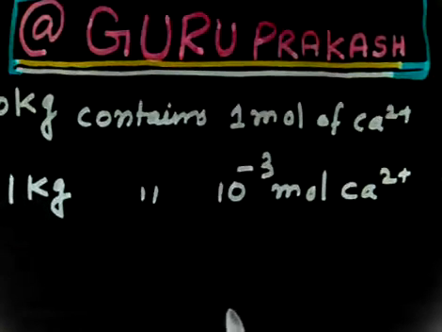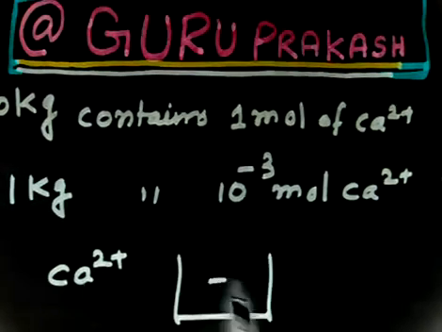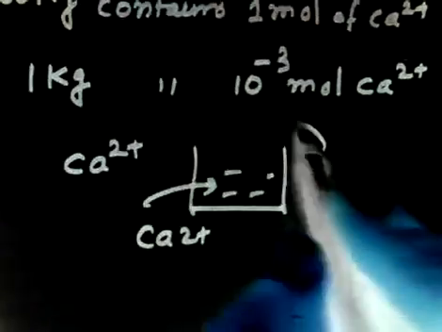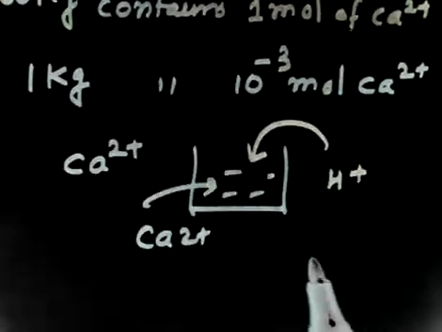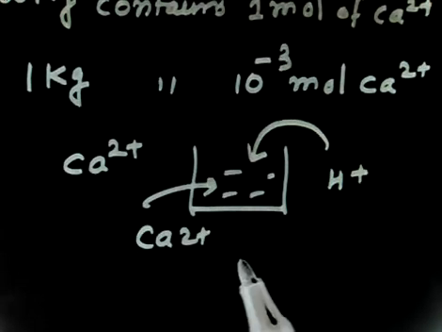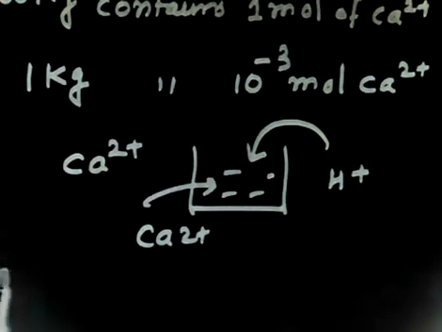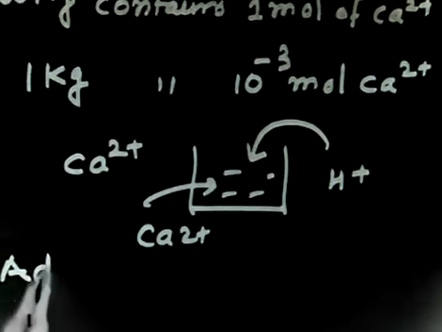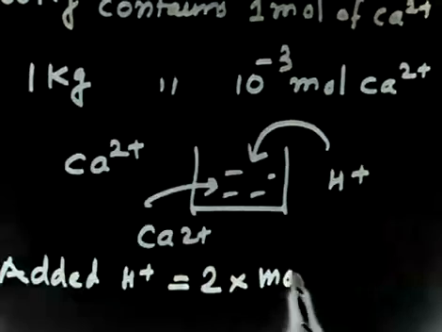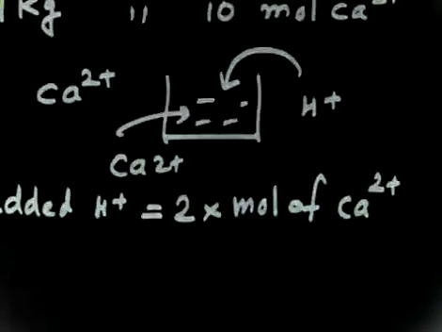And now this Ca2 plus is exchanged by H plus. So you have a solution that contains Ca2 plus, and you are removing Ca2 plus and putting H plus. To maintain electrical neutrality, 1 mole of Ca2 plus is exchanged by 2 mole of H plus, because Ca2 plus has 2 plus charge. Then I have to put 2 H plus. So H plus added will be 2 times the mole of Ca2 plus. Are you getting? And the mole of Ca2 plus is 10 to the power minus 3.